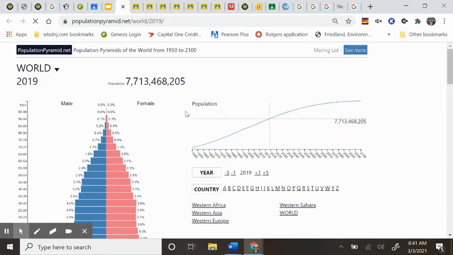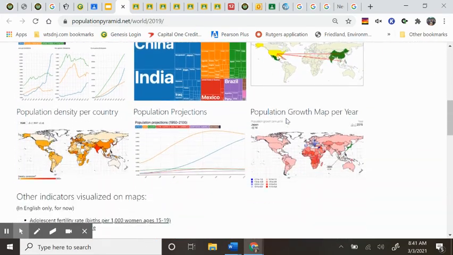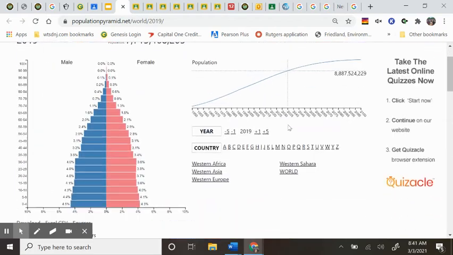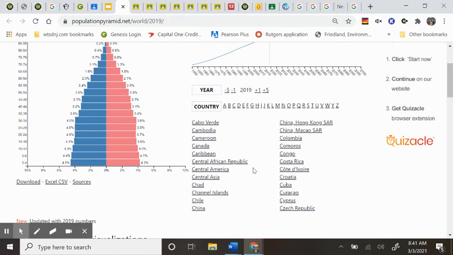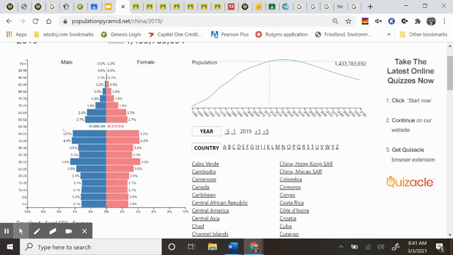So if we click on here, all I have to do is use the search menu. Let's say I wanted to look at China. So we'll go to C, and then China. Notice we have that top-heavy, smaller section here. Not too bad, actually.